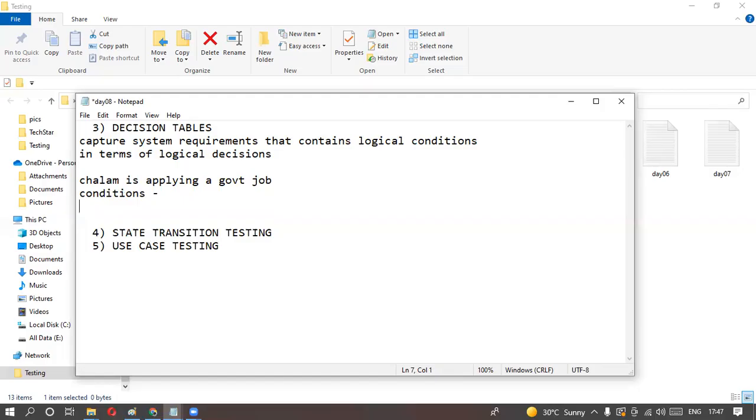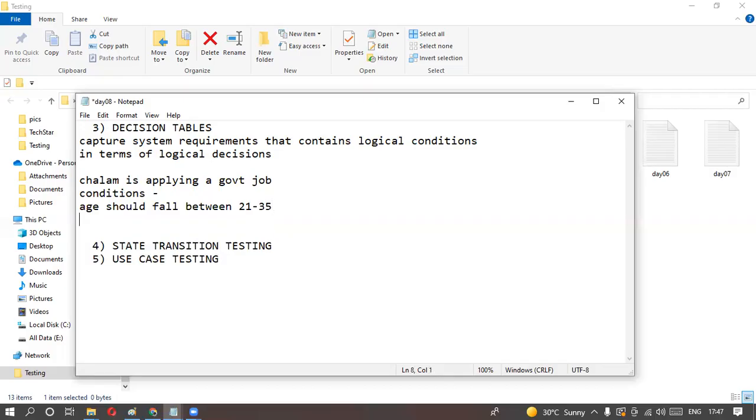What are those conditions? The first condition is age should fall between 21 to 35. This is one condition. What else? This 21 to 35 is normally for all categories.